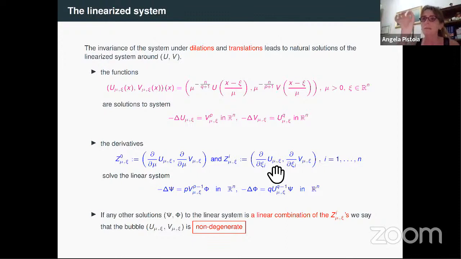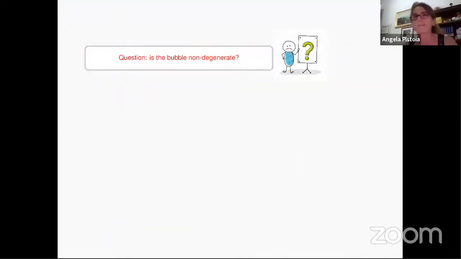Remember that xi belongs to R^n, so I take n derivatives, and so what I get is n plus 1 solutions. Now, the solution is non-degenerate if all the solutions to this linear system are a linear combination of the Z_i. And this is true.